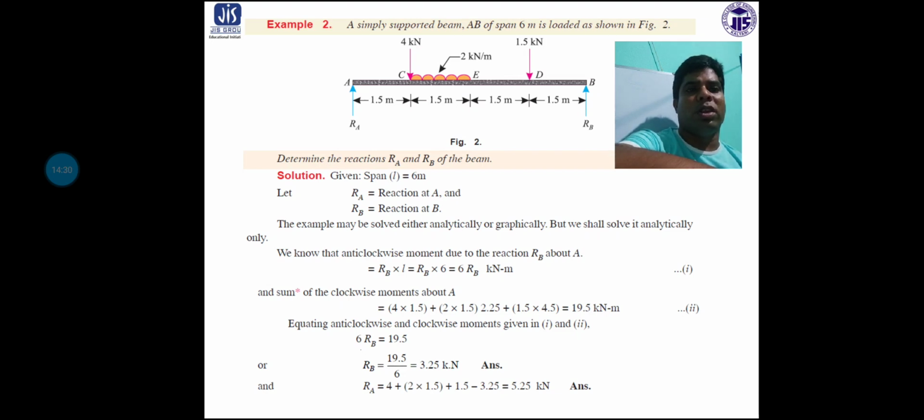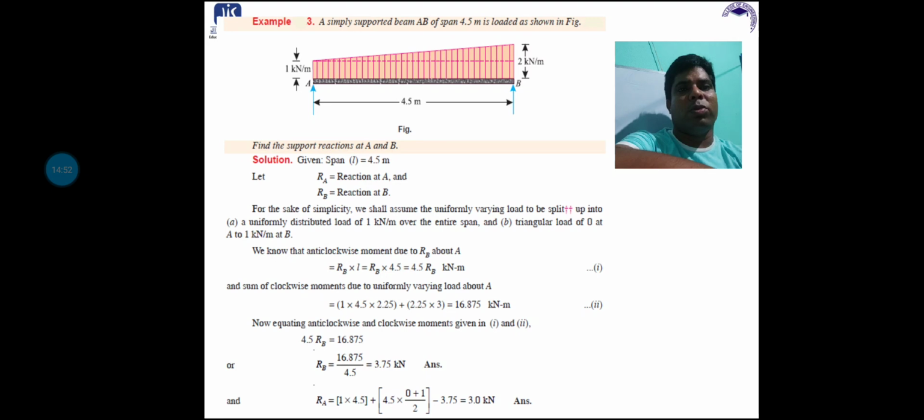Equating the clockwise and anticlockwise moments from equations 1 and 2, 6 RB is equal to 19.5, so RB is equal to 19.5 by 6, that means 3.25 kilonewton, and RA is obviously 4 plus 2 plus 1.5 minus 3.25, that means 4.25 kilonewton. So that is the example and problem number 2.